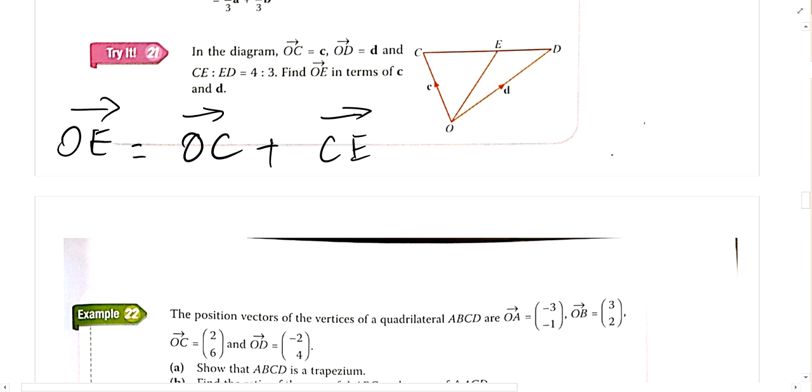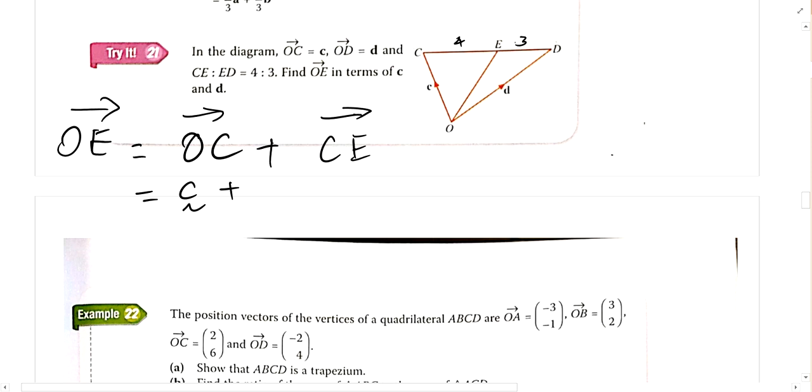Do we know OC already? Yes, so our problem now is CE. Let's write down OC, that will be C plus. Now C to E, how much is C to E? What's the information given? 4 and 3.